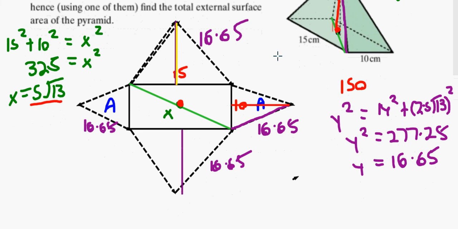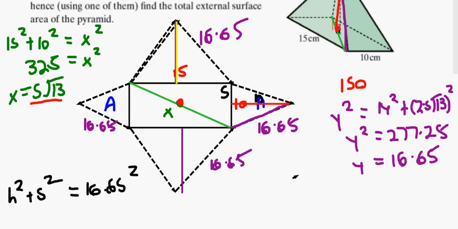Okay. What's half of 10? Lads, we're aiming here. What's half of 10? 5. So we call this h squared plus 5 squared, because that's 5 and that's h, and that has to equal 16.65 squared.